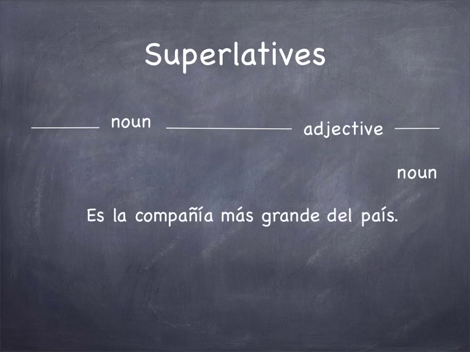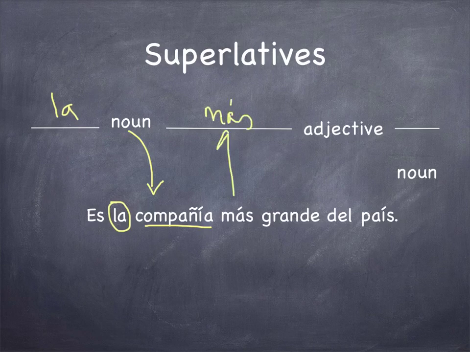So let's take a look at the example. Es la compañía más grande del país. So we have article la, compañía, noun, más, then adjective, grande, and then we have here del and then país.